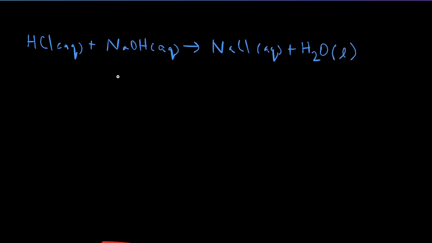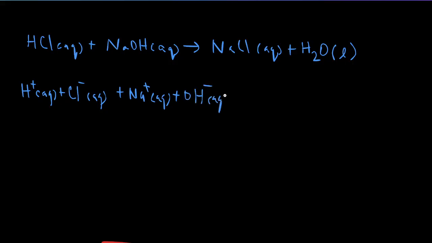So we now have completed the first step, and moving on to the second step, we break the aqueous species up into their ions to give us a total ionic equation. So that's going to be H plus, Cl minus, plus Na plus, OH minus, is going to give us Na plus, Cl minus.